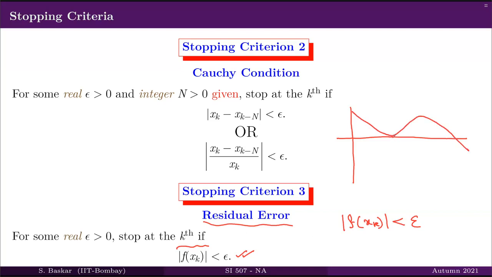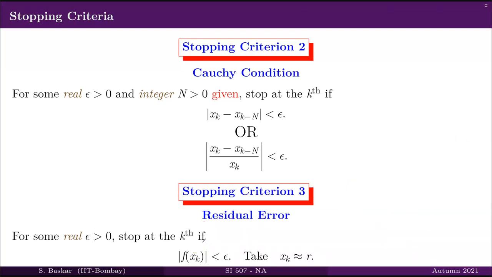In which case, if you check this condition, by any chance, if your x lies in a small neighborhood of this point, you may tend to stop your iteration, but actually your root is very far from that value x_k. Therefore, this idea, although again very easy to implement, is not very convincing, because it may not always work. But this criteria is convincing and also reliable to use as a stopping criteria.